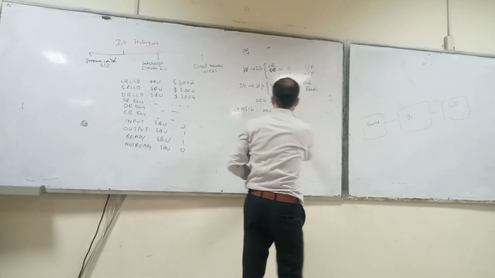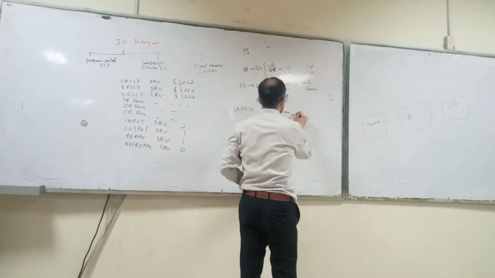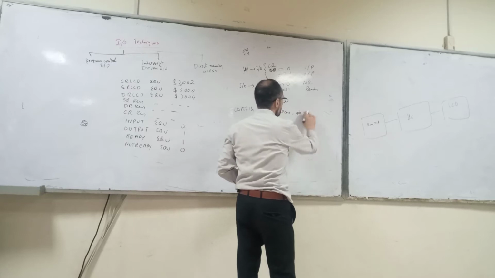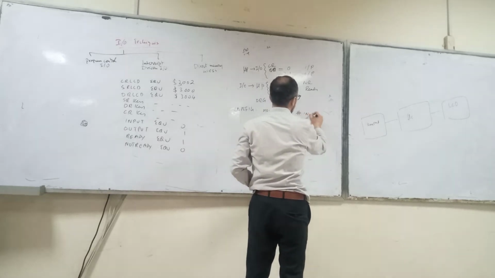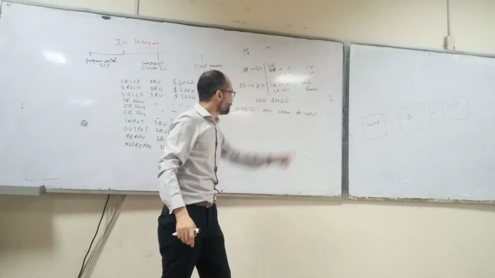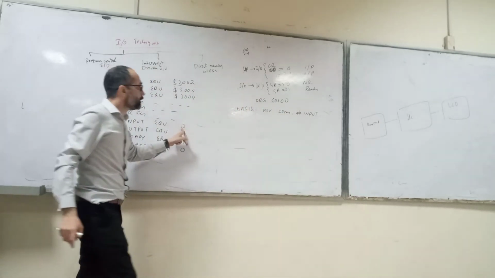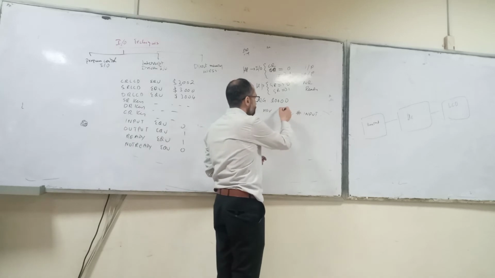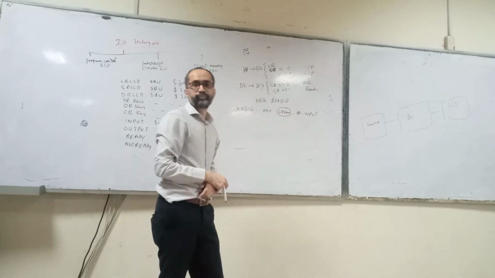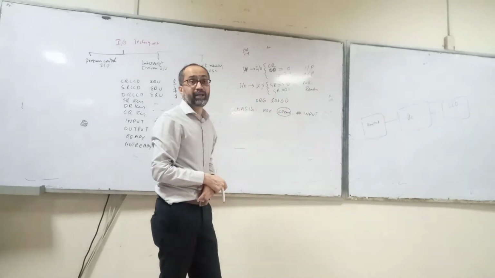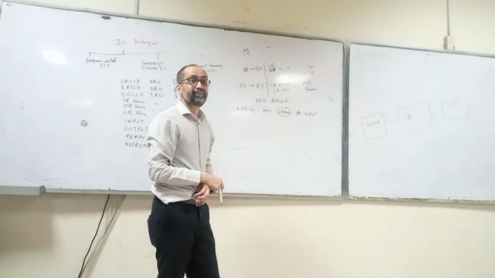So now we will move CR key, hash input. This value will be replaced with 0. Which addressing mode is this? CR key is an address.